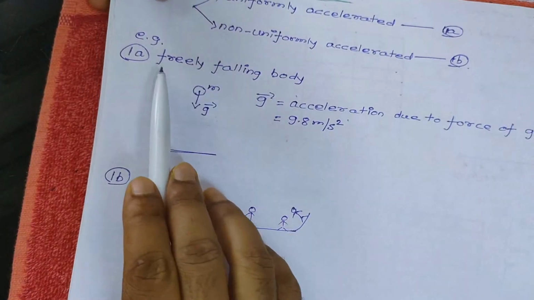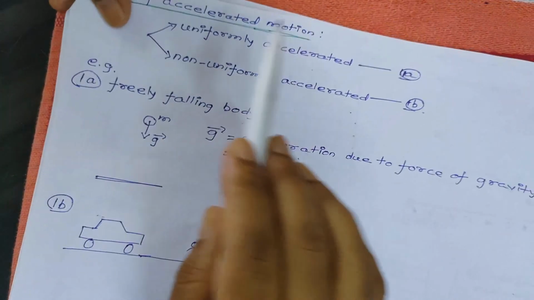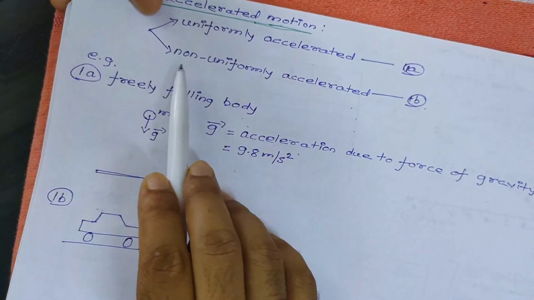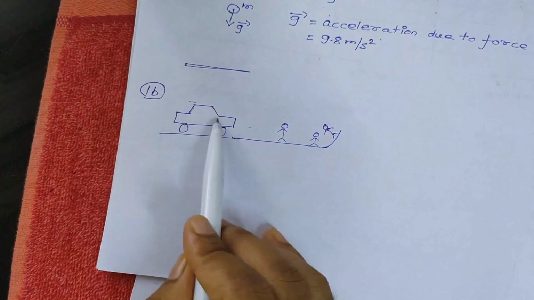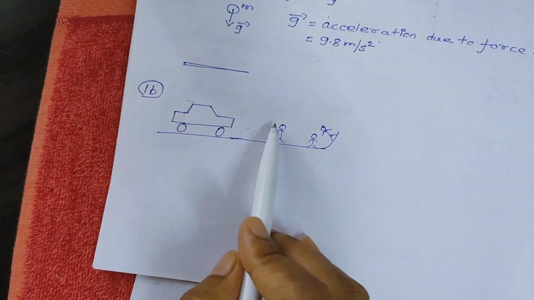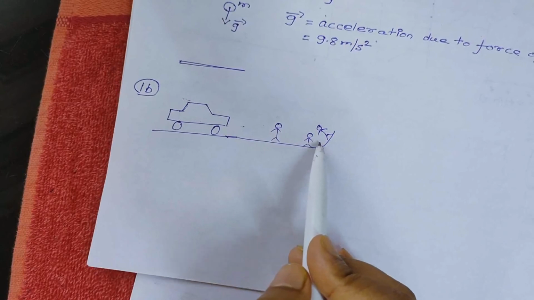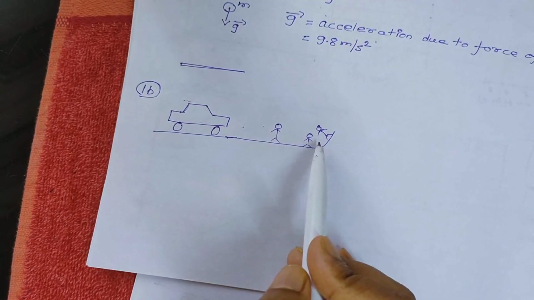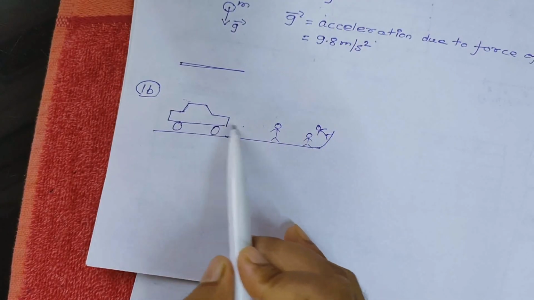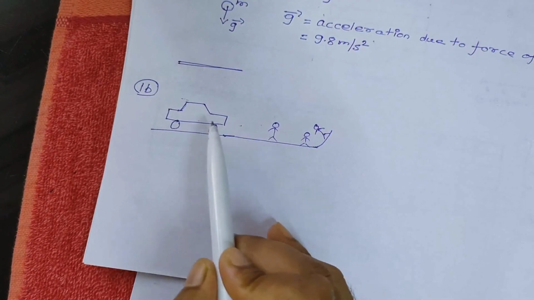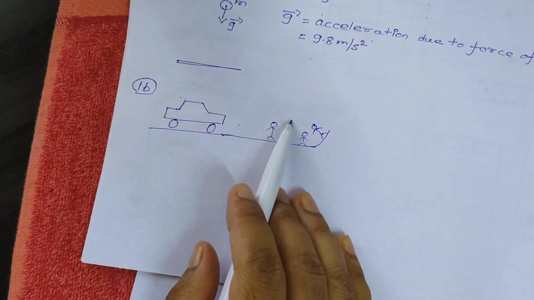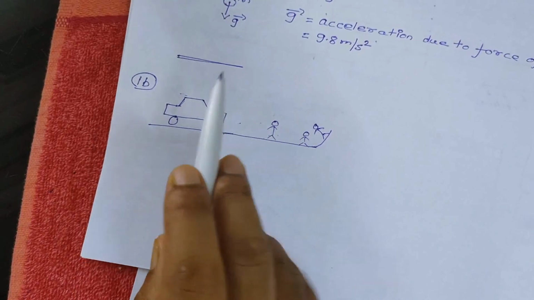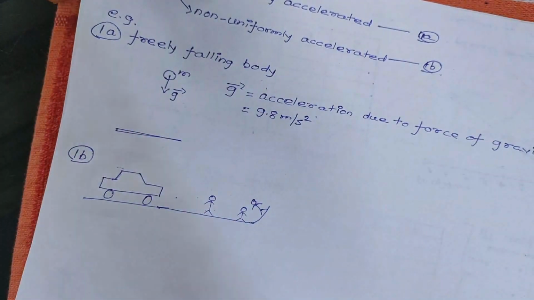So a freely falling body is an example of uniformly accelerated motion. Can you give an example of non-uniformly accelerated motion? Suppose you are driving a car through a crowded space where lots of people are standing. You are forced to drive your car with great variation in velocity. Sometimes you have to stop, sometimes you drive, sometimes you take a right or left. It will be an example of non-uniformly accelerated motion.